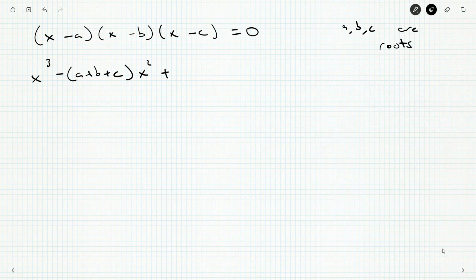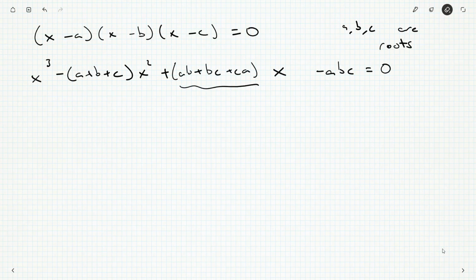And I'll have minus abc at the end. So it'll be ab, and then bc, and then ca, and these are times x. So this is sort of the weirder middle expression. It is still useful.